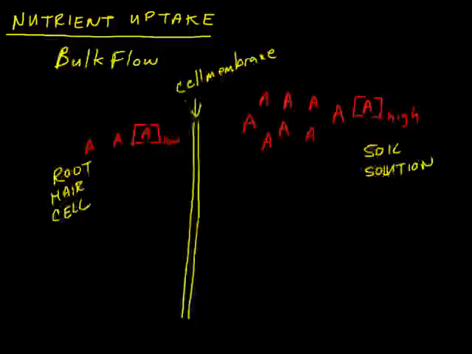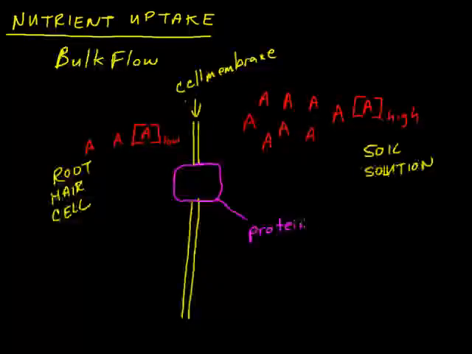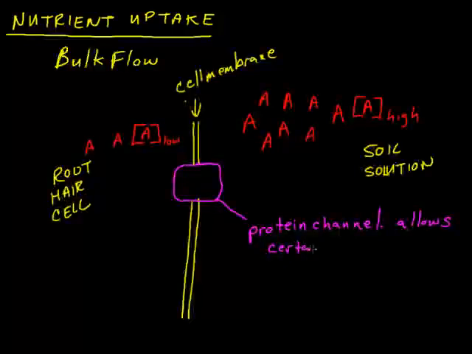And there are various types of proteins and other things embedded in a cell membrane. I'm going to draw one in right here, and we're going to call this a protein channel or an ion channel. And it is indeed made out of protein. It allows certain ions to pass.